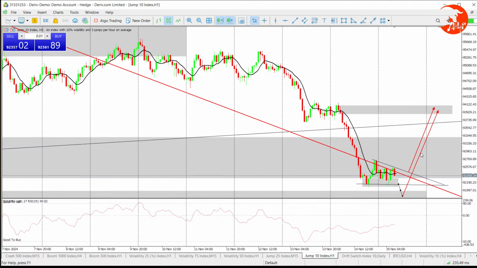So just be ready for anything to happen. If it gives us a manipulation, you wait for it and then make an entry for the buys, because that's where we'll be heading. If it gives us a breakout immediately here, then you make your entries for the buys to take you right up there.